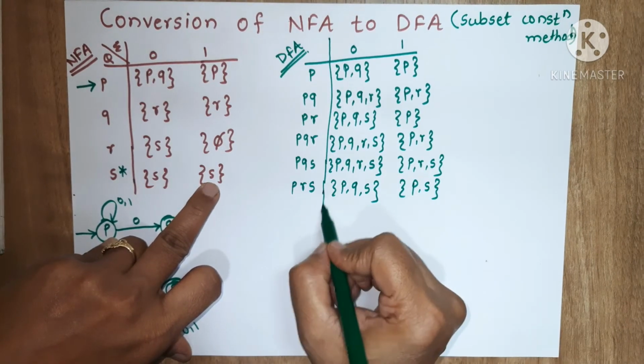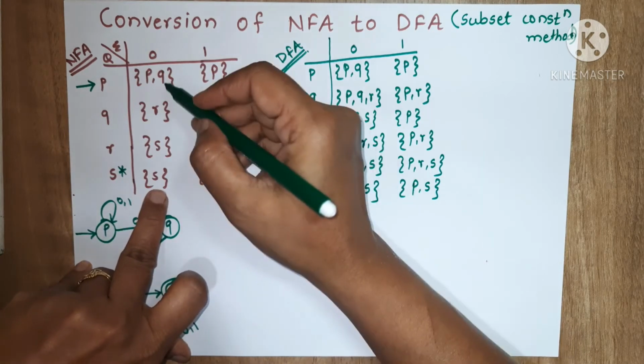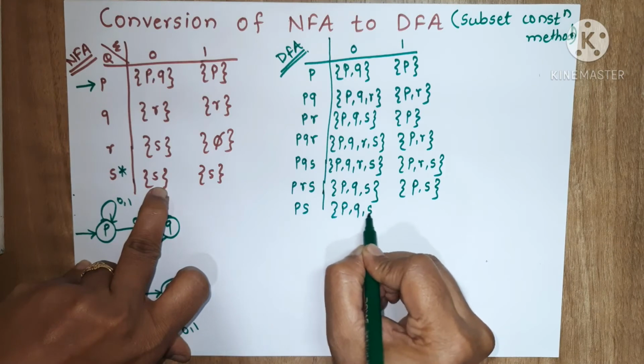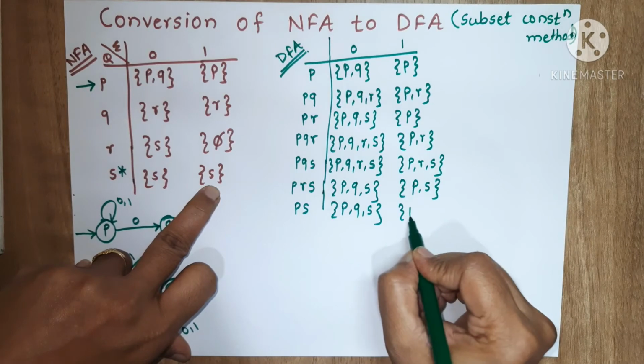Then the next state is PS. On 0, PQ union S is PQS, and on 1, P union S, that is PS.